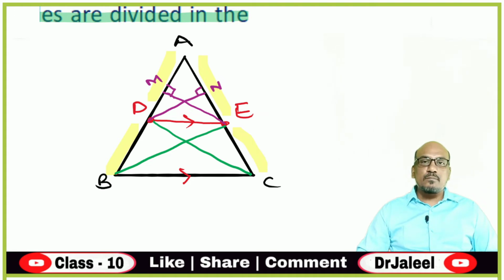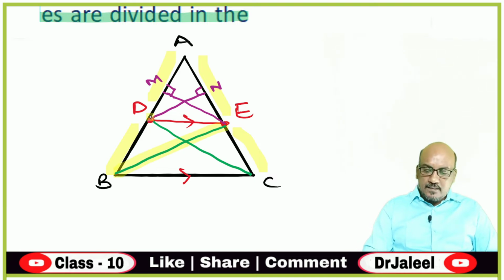What did I do, children? Here I have joined this BE and CD. Then I have drawn this EM perpendicular and DN perpendicular. I hope you have understood this.